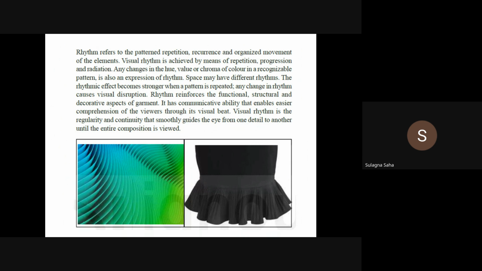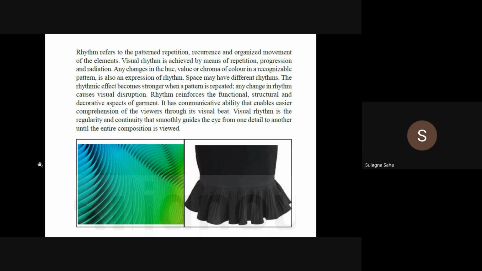We can do it with a change of colors in terms of hue, value, or chroma, or we can have something where the pattern repeats itself with a change in rhythm and creates a visual disruption.